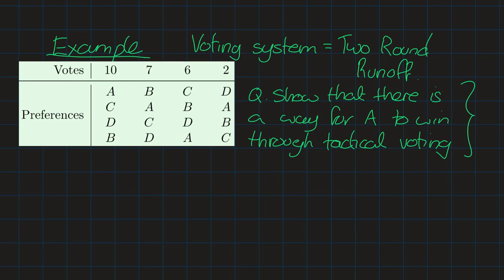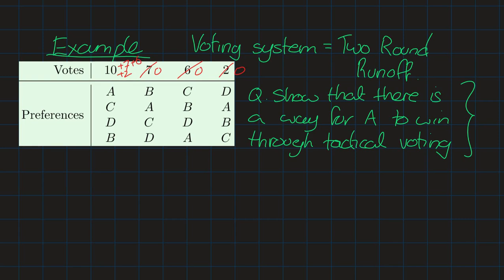I mean, if I was somehow omnipotent and I could control everything, then I could just move everyone else's votes to A, right? I could add +7, +6, +2. I could move everyone to A, but that isn't tactical voting.